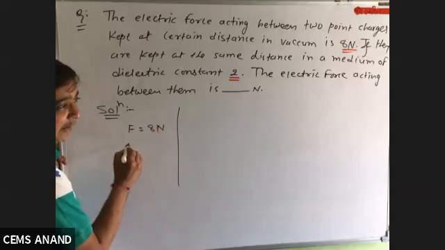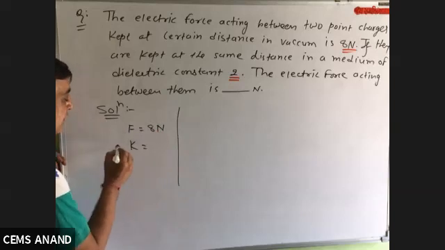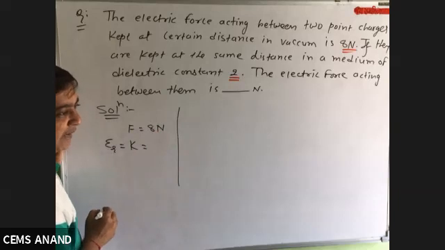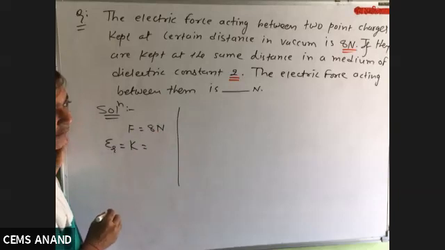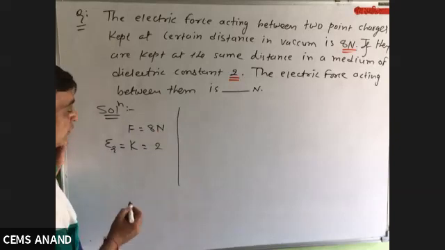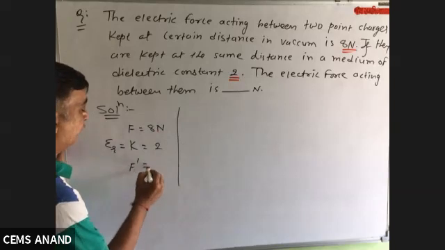The symbol of dielectric constant can be written as K or as epsilon r, because it depends on the ratio of permittivity, known as relative permittivity, and it is given as 2. We ask for the new force.